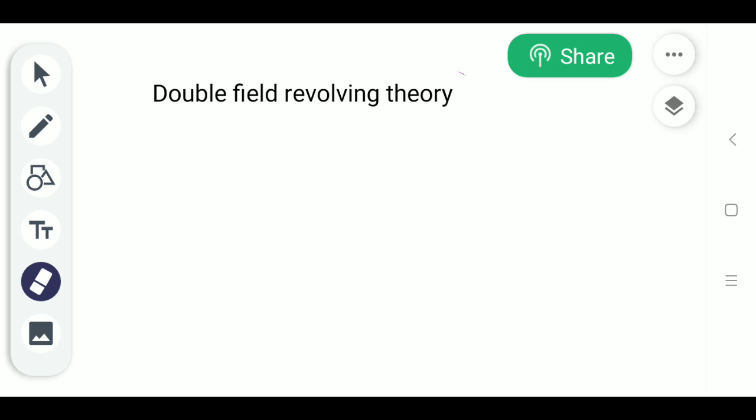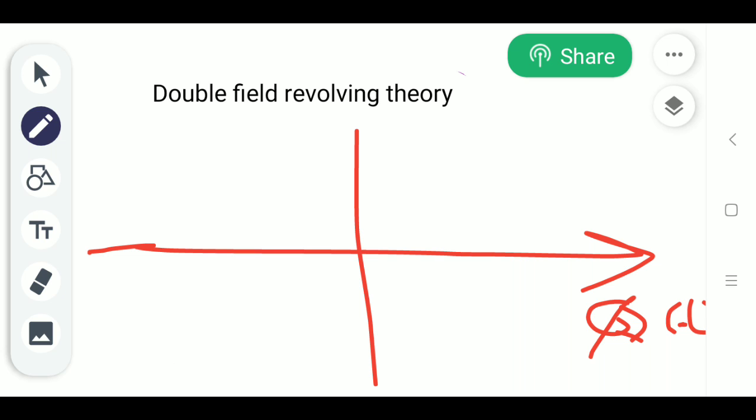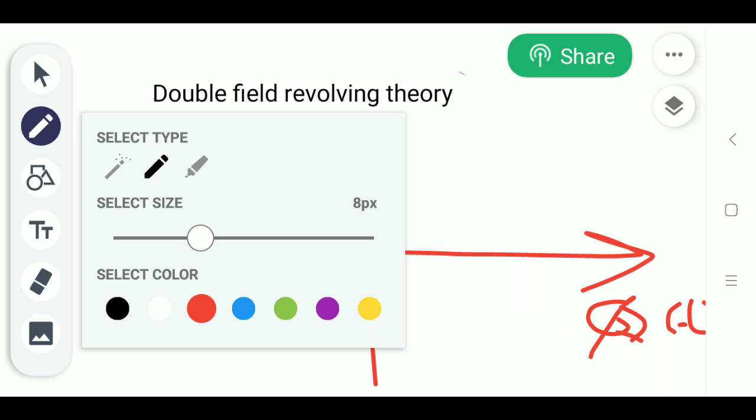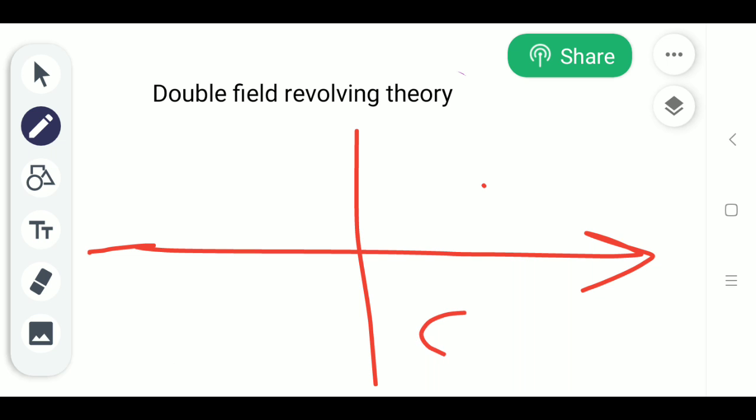So let us take the horizontal axis as the axis where this variation of flux happens. So let it be denoted by phi t.